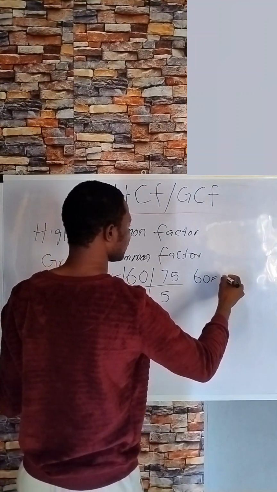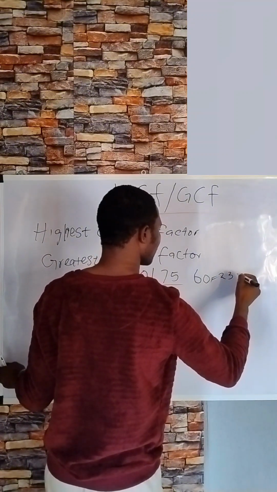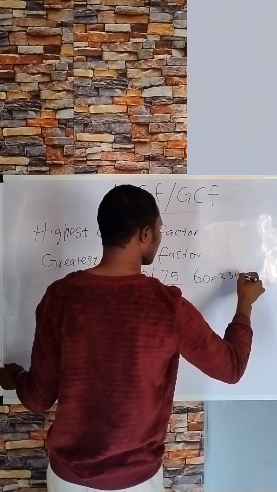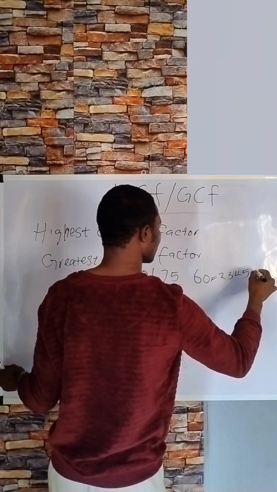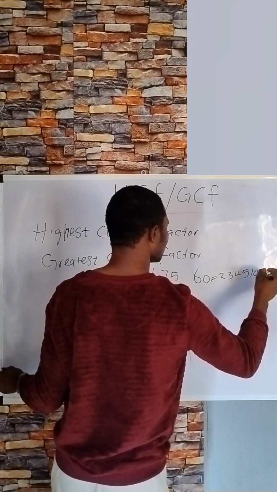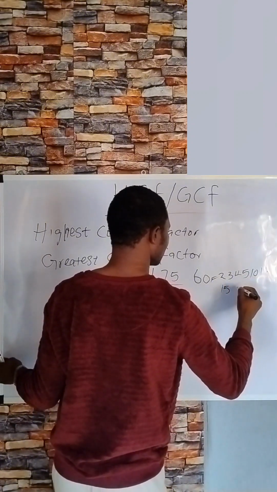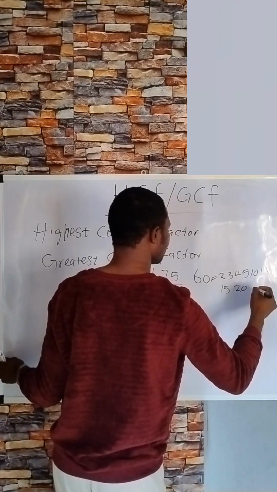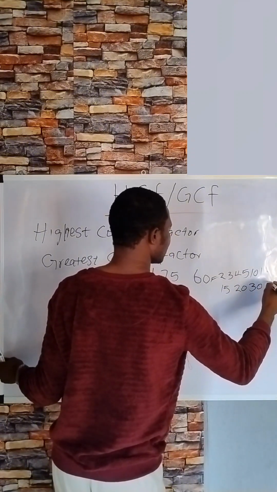These are the factors of 60: 2, 3, 4, 5, 10, 12, 15, 20, 30, and then 60.